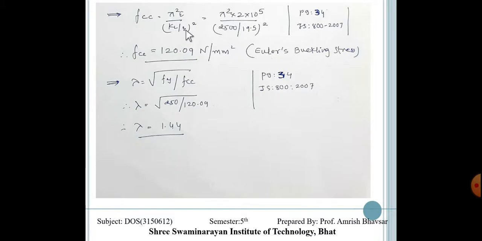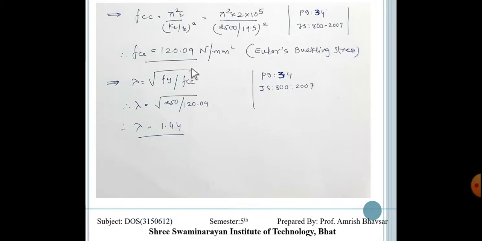We have r minimum, we have KL, right? So the equation is pi square into 2 into 10 raised to 5 divided by (2500 divided by 19.5) whole square. So we will get FCC, that is 120.09 Newton per mm square.